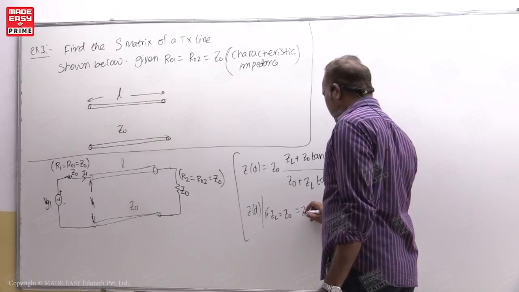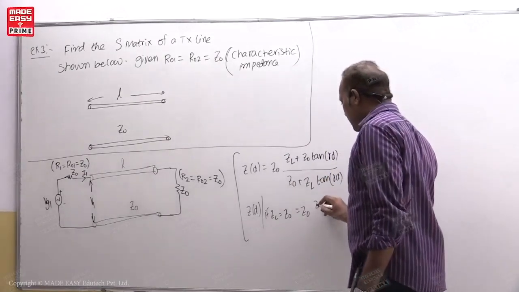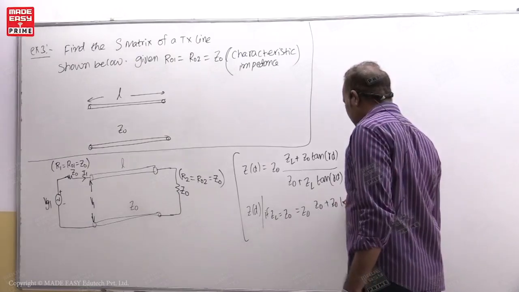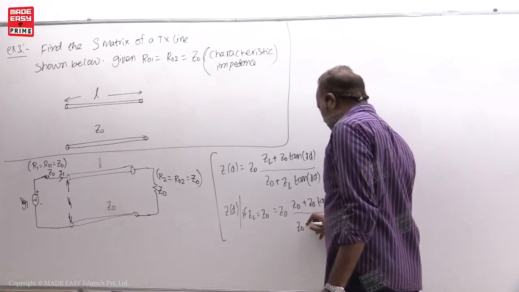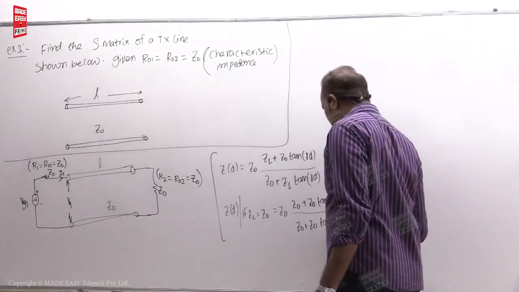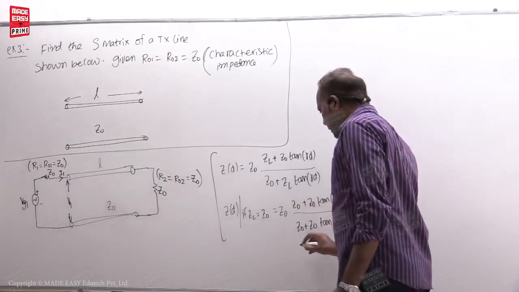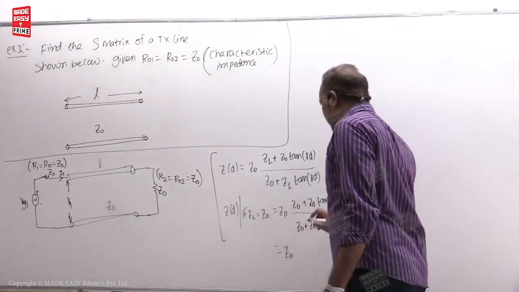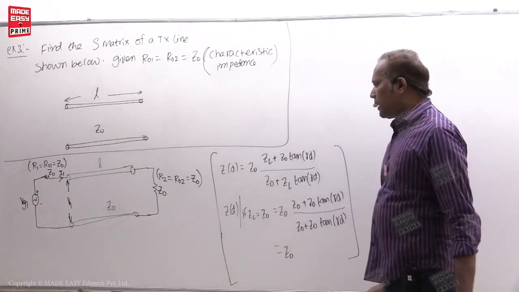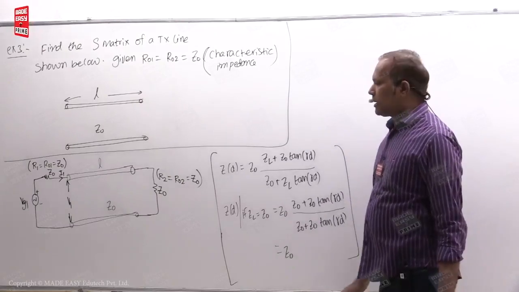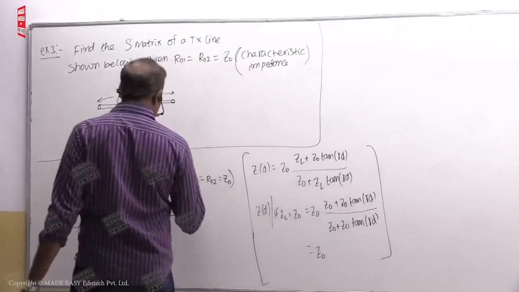So in place of ZL we put Z0: Z0 plus Z0 tan gamma D divided by Z0 plus Z0 tan gamma D. Already we have done it, this cancels, ultimately you get Z0. So if the load is connected with characteristic impedance, it is matched, and nothing is reflected, students.